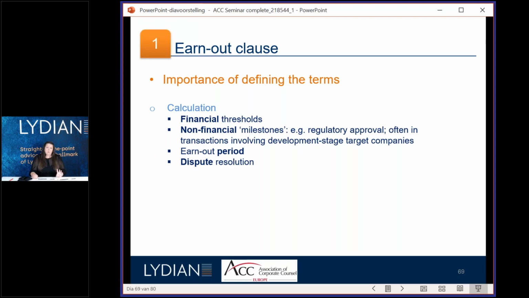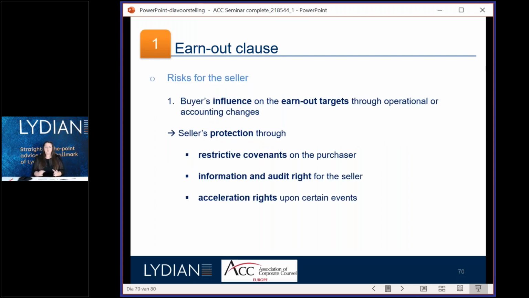The earnout clause will also, from the seller's perspective, need to address the fact that the seller is no longer in control of the business, but his earnout depends on it. So there is a distortion there as well, because the buyer, as the new owner of the business, could influence the earnout targets through operational or accounting changes.